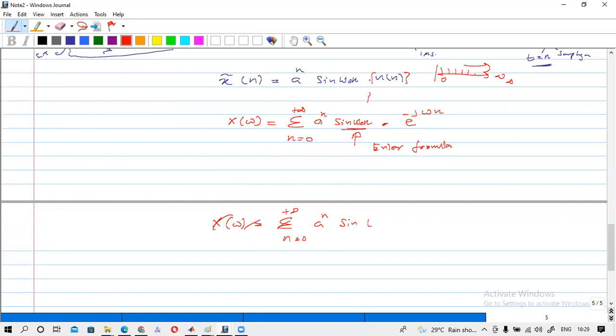Sorry, I'm going to apply the Euler formula. So you know the Euler formula: e to the j theta is equal to cos theta plus j sine theta, and e to the minus j theta is cos theta minus j sine theta. So I can write this this way using the Euler formulas. I think it is clear for you. So we have n equal to 0 to plus infinity, and we have a to the n here.